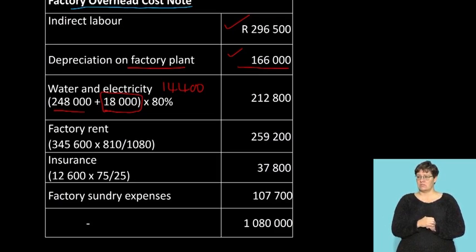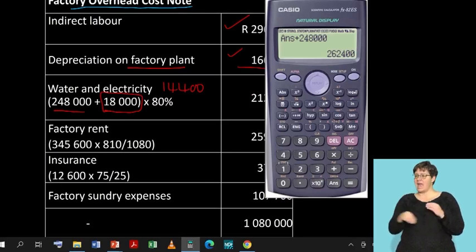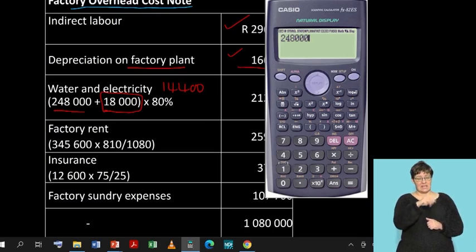So we've got the total water and electricity, right guys? Let's just do this again. That component was the 14,400, but the 248,000, we didn't take that one into account. So if you take 248,000 times your 80%, okay, that gave you 198,400 plus 14,400. This will then give you 212,800.